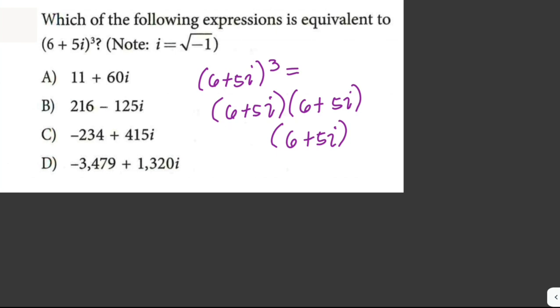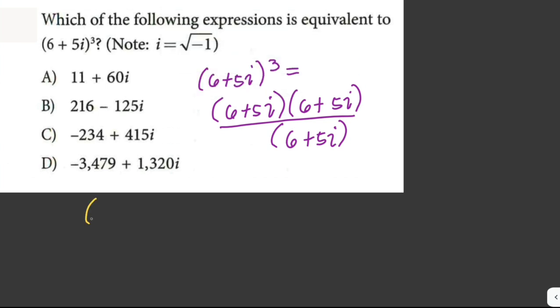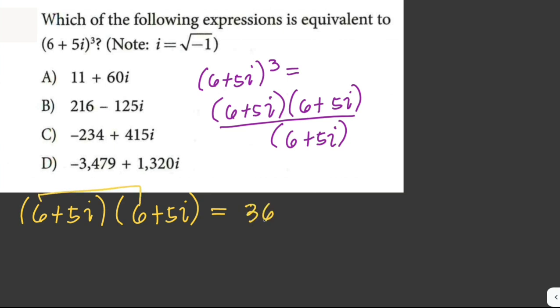So let's multiply the first two binomials first. So that would be (6 + 5i) times (6 + 5i). So this is just equal to 6 times 6 is 36.